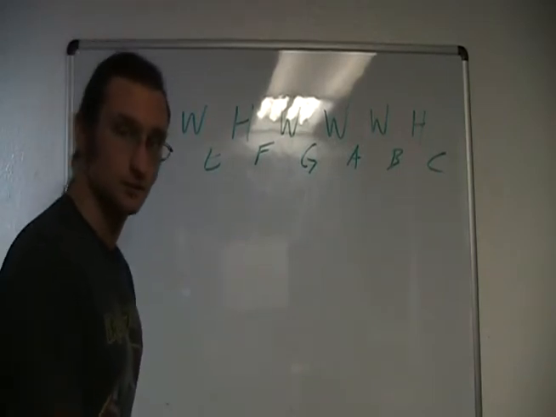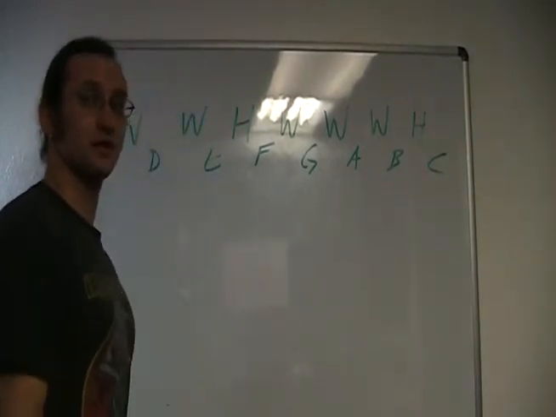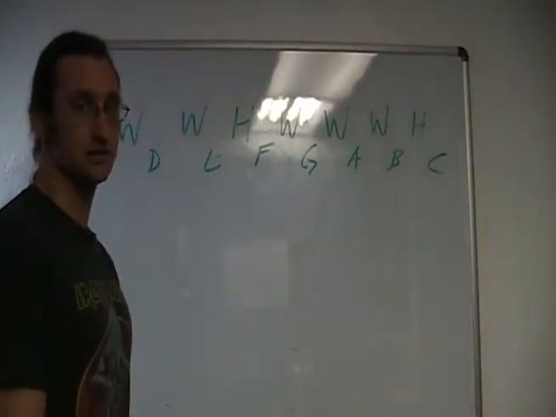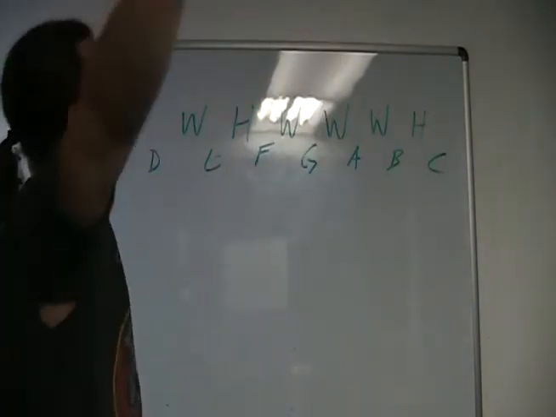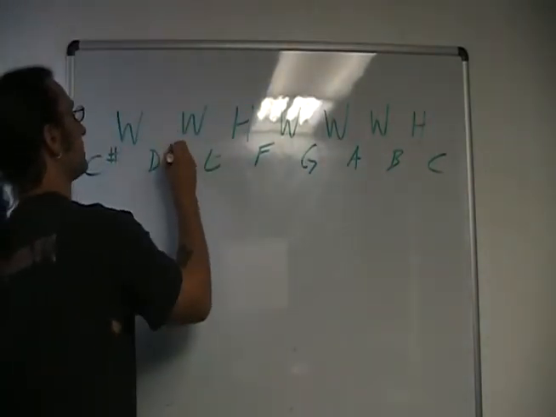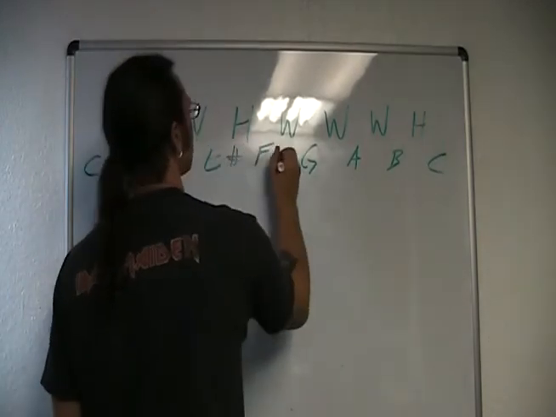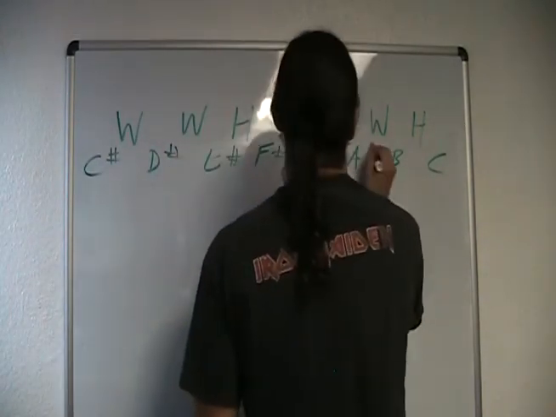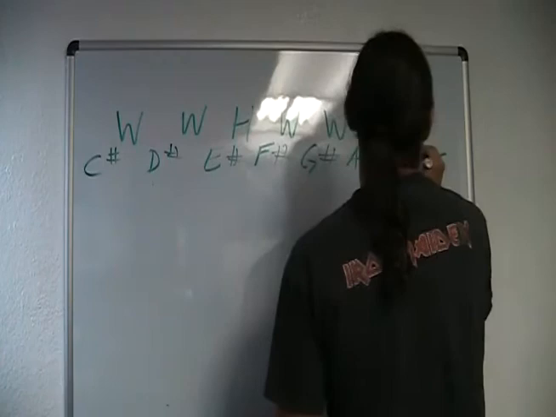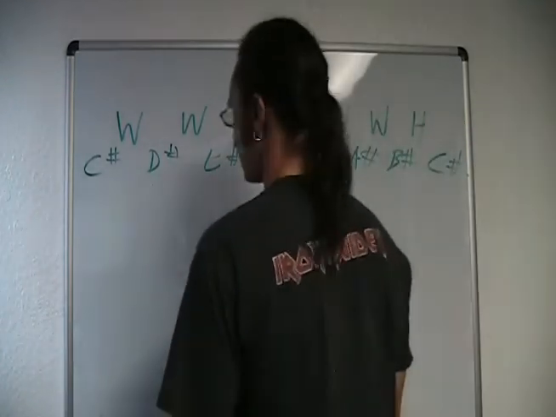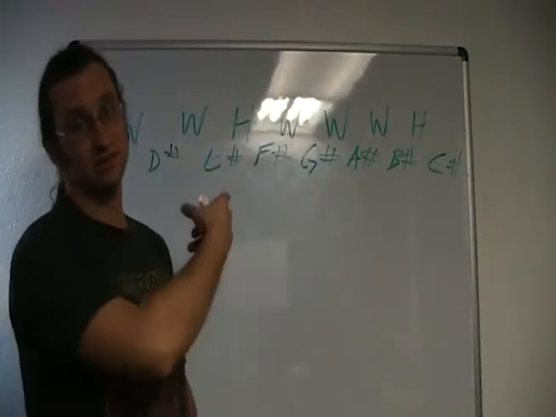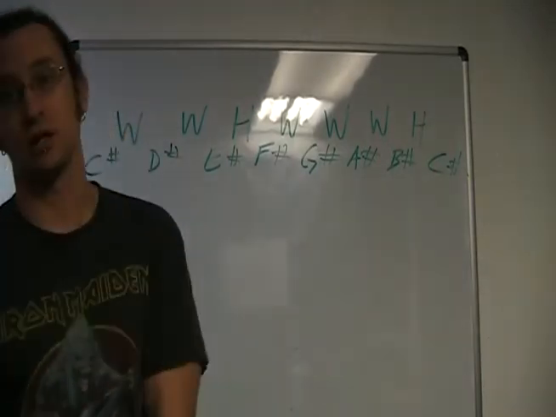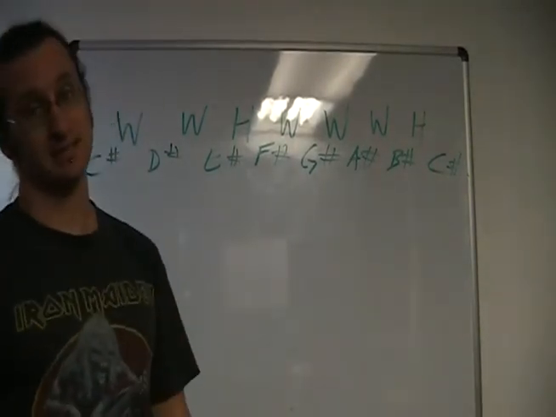Well, if you sharp the root note of a key that has no sharps or flats, that means you just sharped everything. So that means you have C sharp, D sharp, E sharp, F sharp, G sharp, A sharp, B sharp. So again, yes, E sharp exists. B sharp most definitely exists.